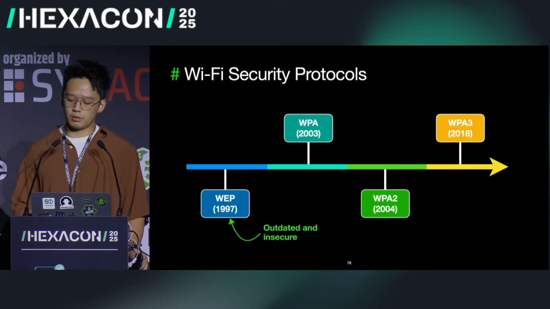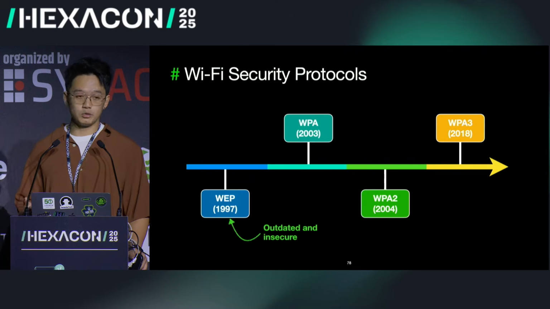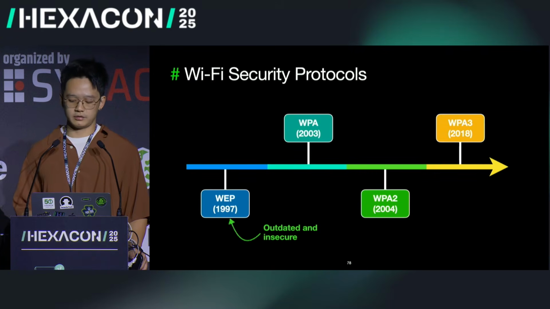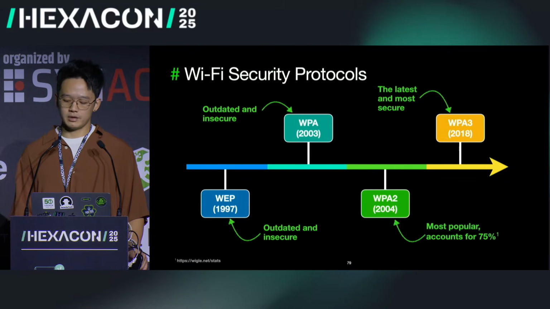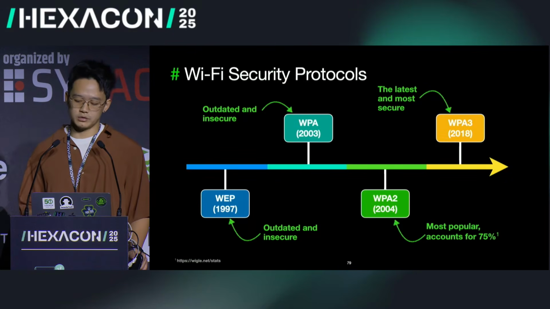Today, most Wi-Fi access points can't enable WEP, and users shouldn't use it either, since its key can be cracked in minutes. The latest protocol, WPA3, is now available, but according to Wigle.net, WPA2 still accounts for around 75% of networks, while WPA3 is used only about 3%.